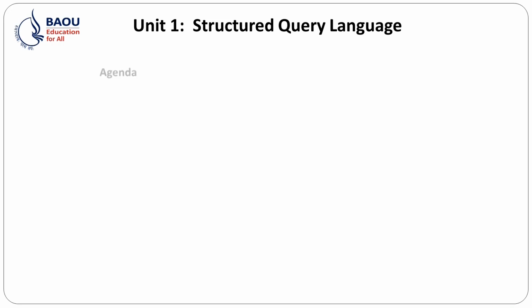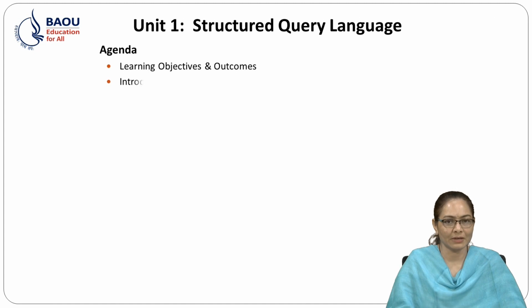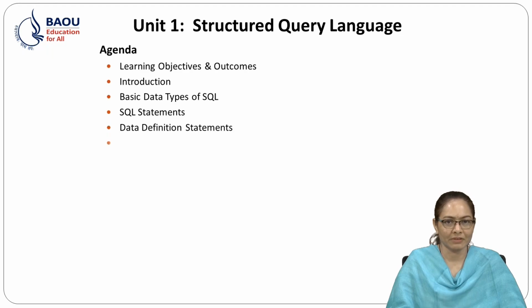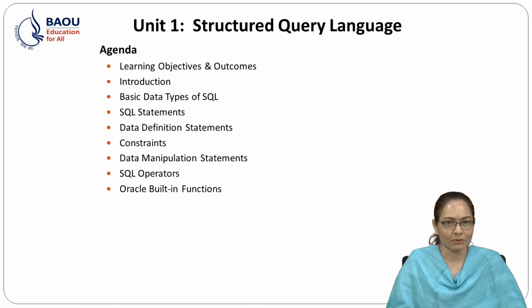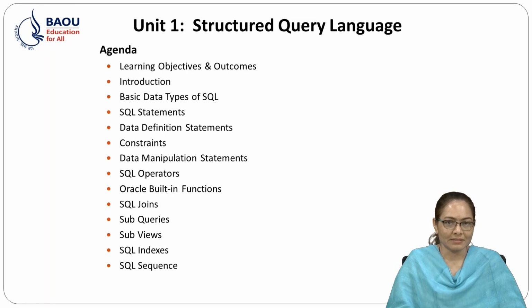First of all, we see the agenda of Unit-1: learning objectives and outcomes, introduction, basic data types of SQL, SQL statements, data definition statements, constraints, data manipulation statements like record related commands, for example insert, update, delete, select, etc. The SQL operators like arithmetic, character, comparison, range searching, pattern matching, logical, set operators, etc. The Oracle built-in functions like group functions or scalar functions.